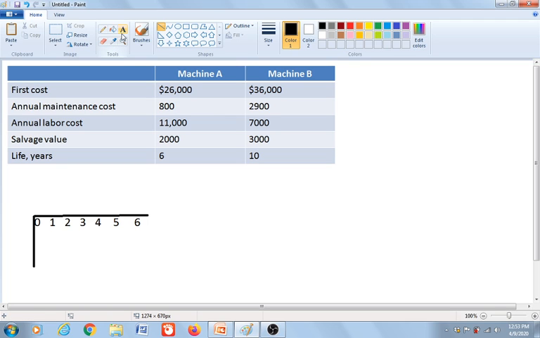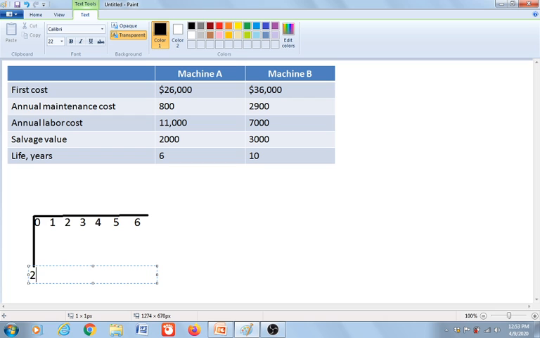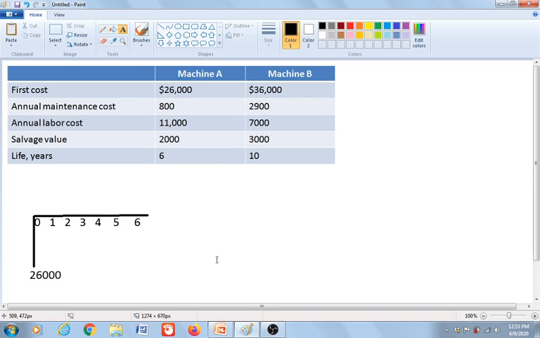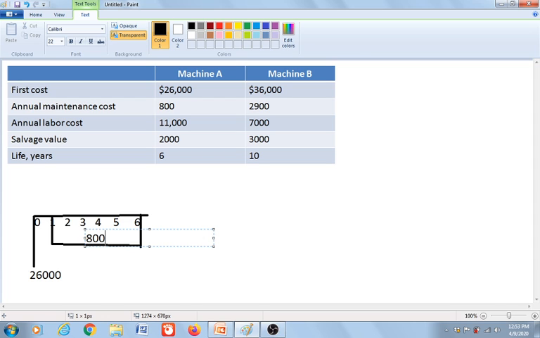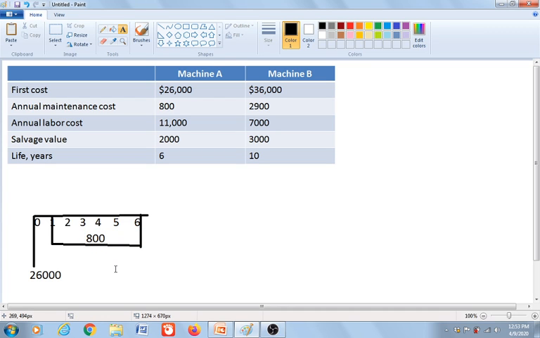So 26,000. And the annual maintenance cost is 800. So that starts from year 1 till the end of year 6. And that's $800. Okay, and we have annual labor cost 11,000.